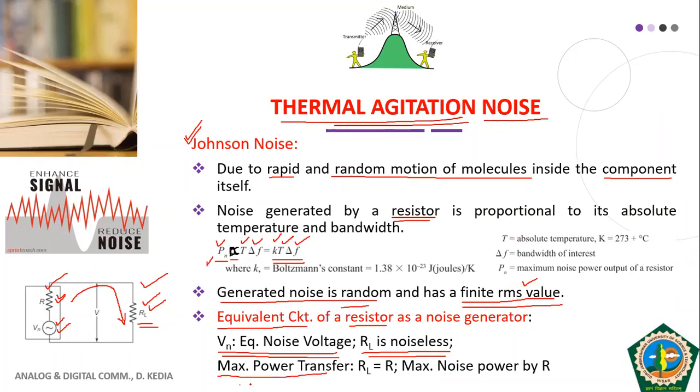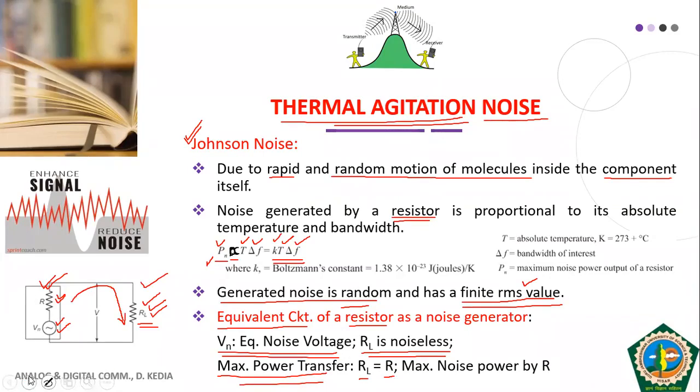Maximum power will be transferred when your RL is equal to R, your load resistance is equal to your source resistance. If both are equal, then maximum power transfer will take place. Maximum power transfer taking place means the maximum noise generated by R will be transferred to RL. So this is our equivalent circuit of the resistor.